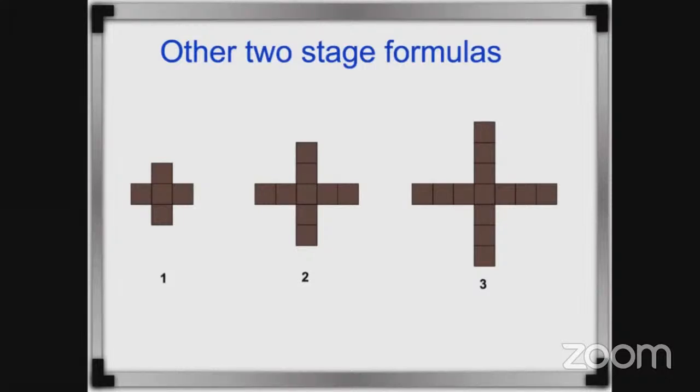We have 17 squares in total. 17. All right. So can you come up with a way in which we could figure out the nth term? So if you wanted to find the 10th term, how do we figure out the 10th term?